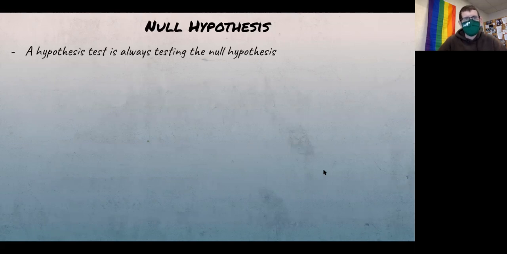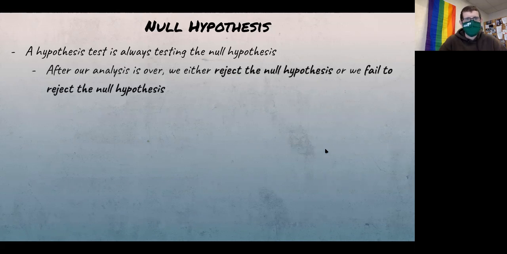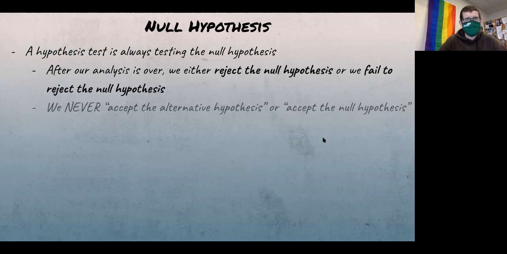So when we do hypothesis testing, we're always testing the null hypothesis. And when this is over, we will either reject the null hypothesis or fail to reject the null hypothesis. Those are the only outcomes. This is something that I'll keep reiterating, and you will definitely understand this idea.